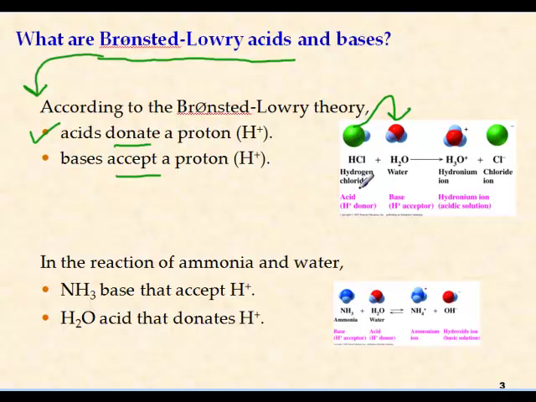For instance, over here we can see hydrogen chloride is donating a proton to water. So water is forming a hydronium ion, which is a positively charged ion, and the chloride ion is hence released over here.